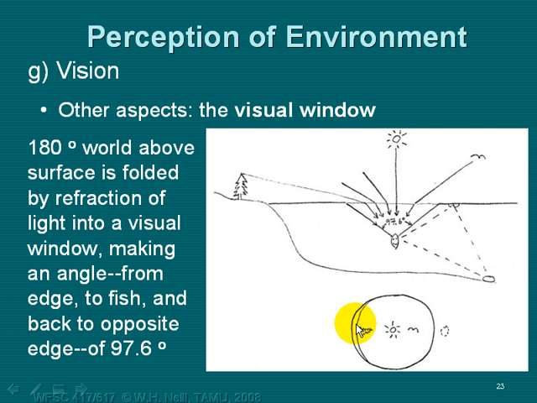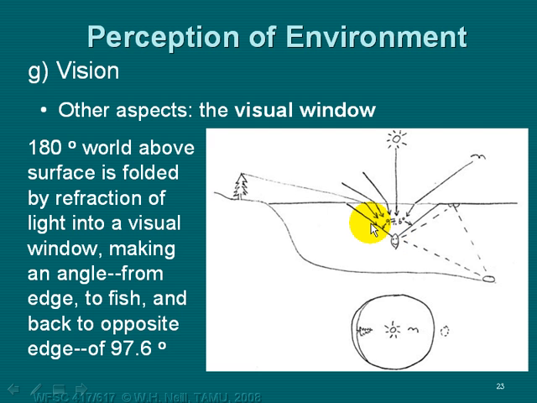And so a fish that's sitting down in clear, calm water with no ripple on the surface, very clear, sees the whole world above the water through an angle that turns out to be 97.6 degrees. And that's a pure property of the physics of refraction of light in water.